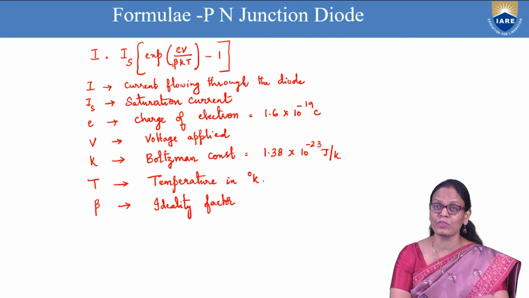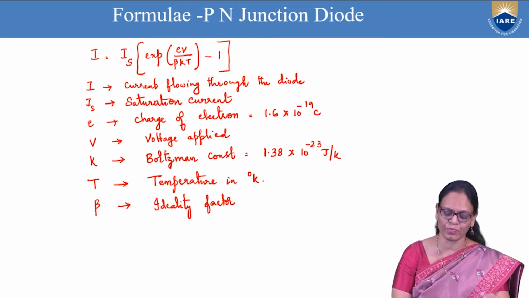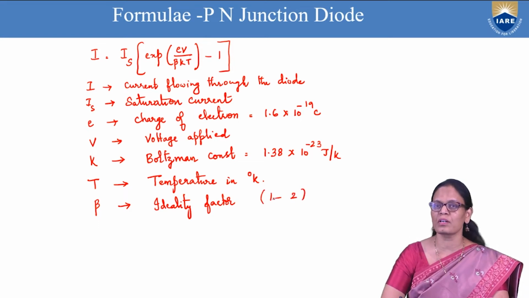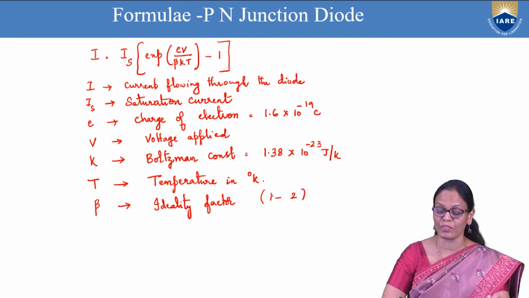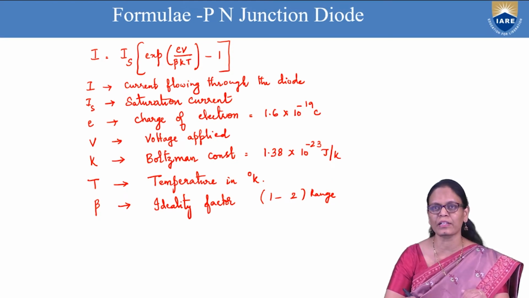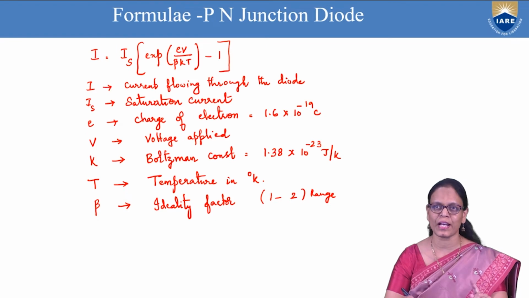But if the value of beta is given, then we have to use its value. This value ranges between 1 and 2, generally 1 for germanium and 2 for silicon. In some problems, if the value of beta is not given, that is, the ideality factor is not mentioned, we take it as 1.